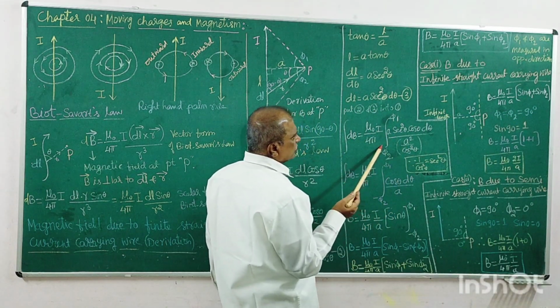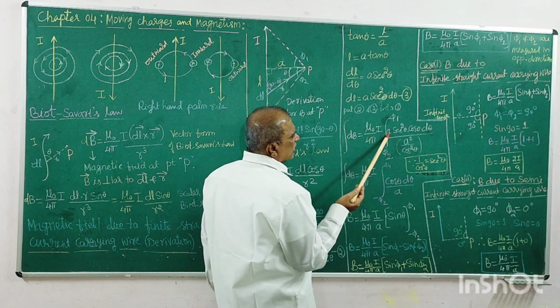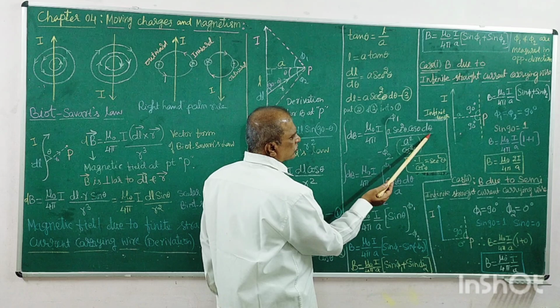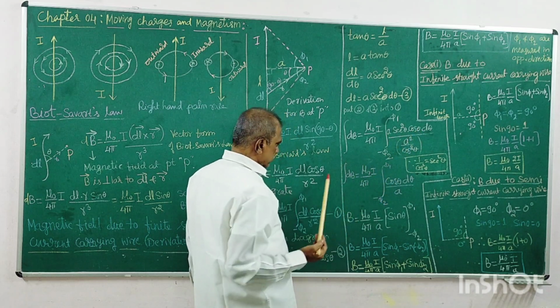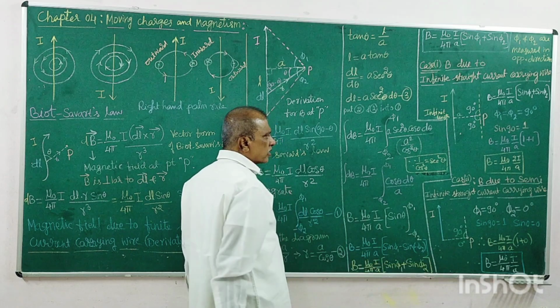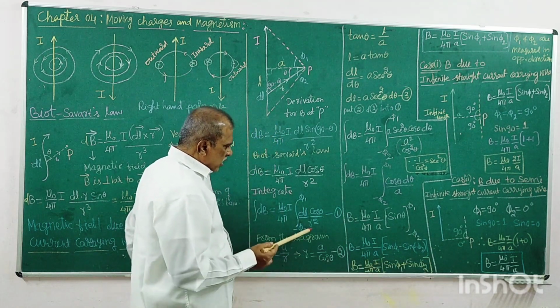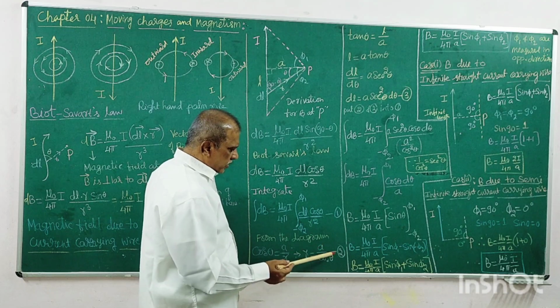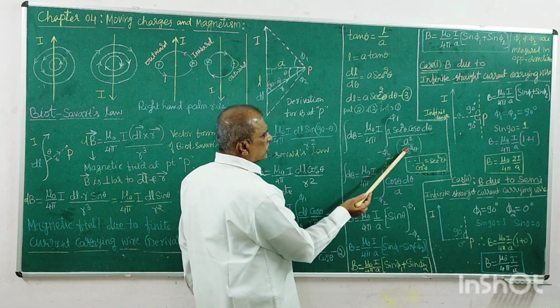Integration of dl is a secant square theta into d theta. Written here, cos theta remains in the numerator. And r square, what is r? r is a by cos theta, so r square is a square by cos square theta.